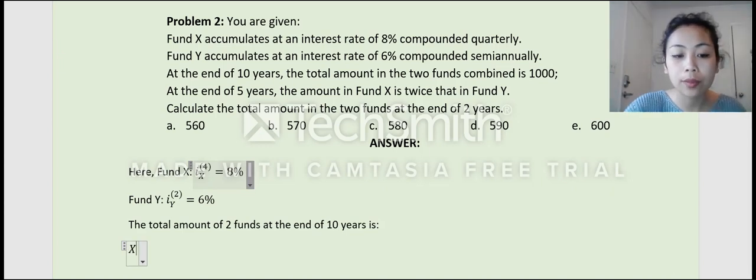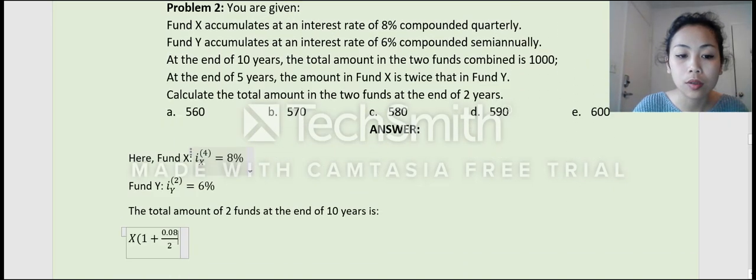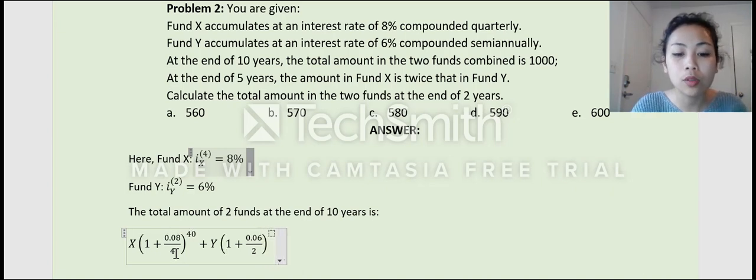So X times, after 10 years using the nominal rate, 1 plus 0.08 over 4, because it is compounded quarterly, the whole thing to the power of 4 times 10, that is 40, plus fund Y: Y times 1 plus 0.06 over 2, the whole thing to the power of 10 times 2, that is 20.